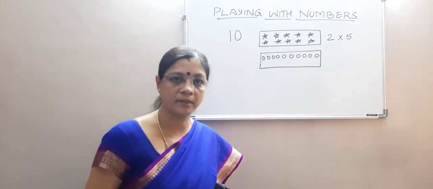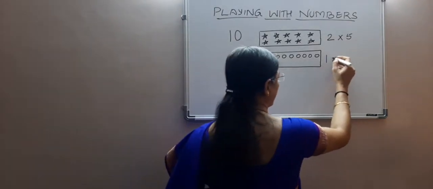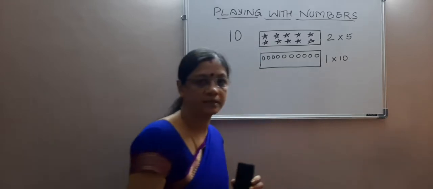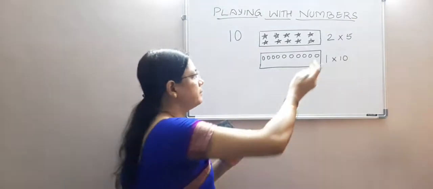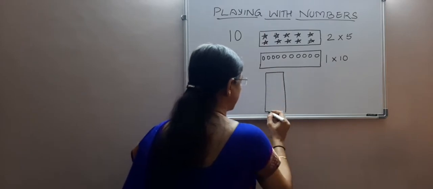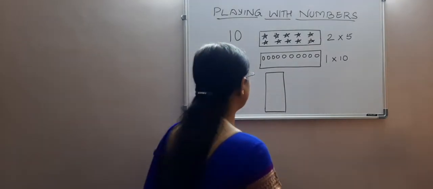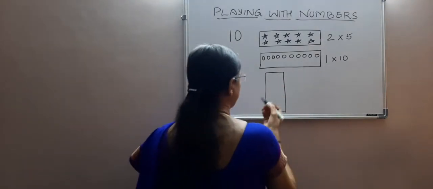So this is also a method of representing the number 10, isn't it? So there is only one row and there are 10 circles in it. Now let me arrange these stars in yet another way. So how can I represent these 10 stars in yet another way?